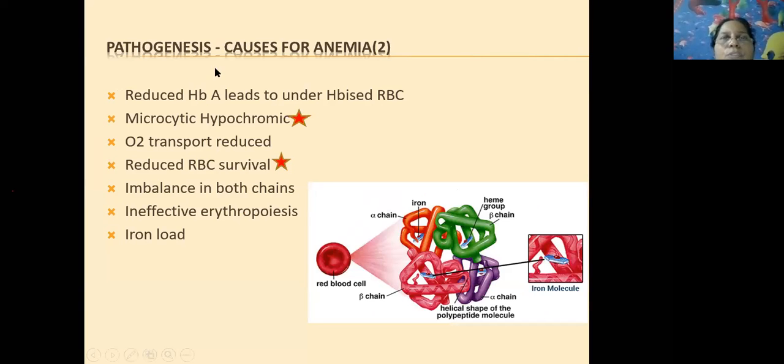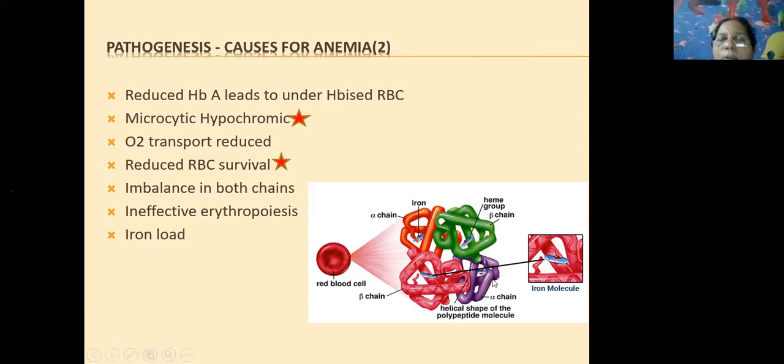So, pathogenesis of anemia. What are the two causes? Here the red blood cell contains the heme portion and the globin portion, and the globin portion is alpha chain and beta chain. If we get heme deficiency, we get microcytic hypochromic anemia, that is iron deficiency anemia.